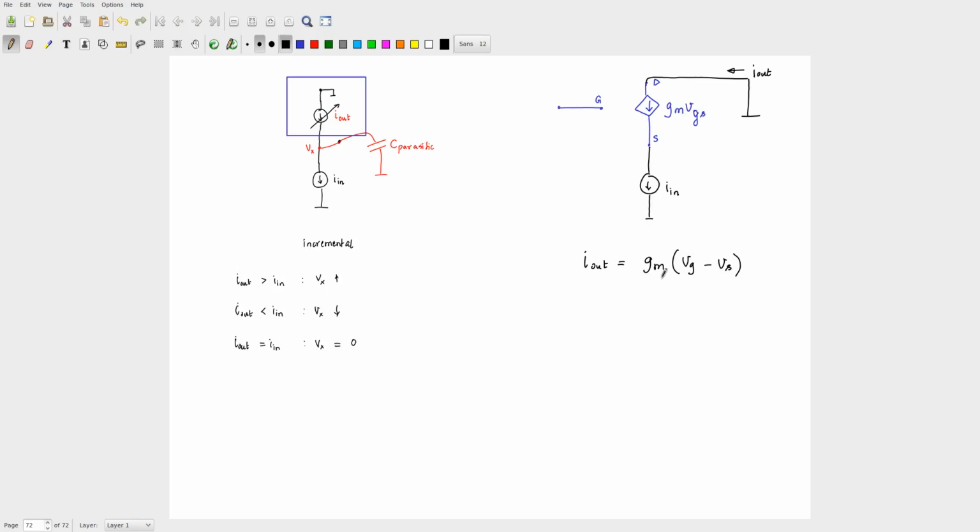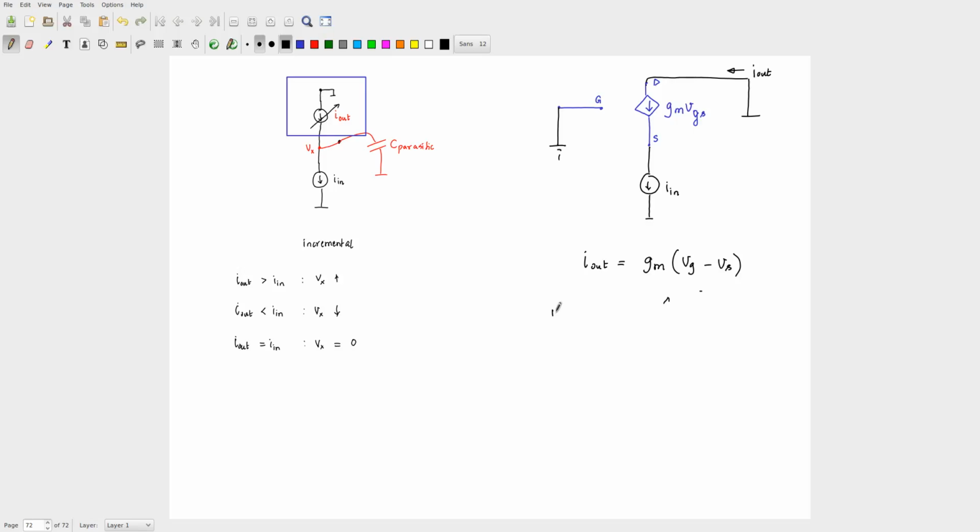If Vg minus Vs is a small negative quantity, then I out will decrease by a very large quantity. So when this feedback loop operates, Vg will become equal to Vs. That's the only way you can have a finite value of current flowing. If gm is infinite, then Vg minus Vs must tend to 0. This is essentially like your op amp. So what should Vg be? 0, right? That's all I wanted. So in the incremental circuit, I want my Vg to be 0.